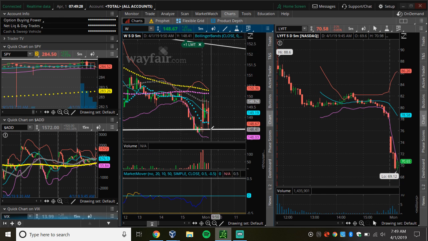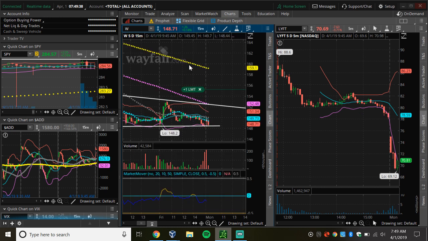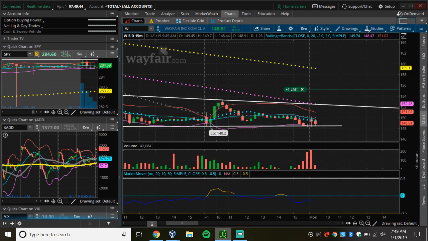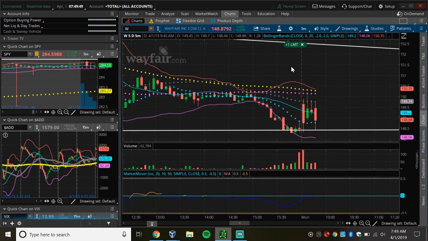Look at that, another touch of that line I drew. I mean, these lines are not perfect, but it's getting very close to breaking down through this line. I'm going to go ahead and just drop this down to one screen so we can watch this. See what's happening.